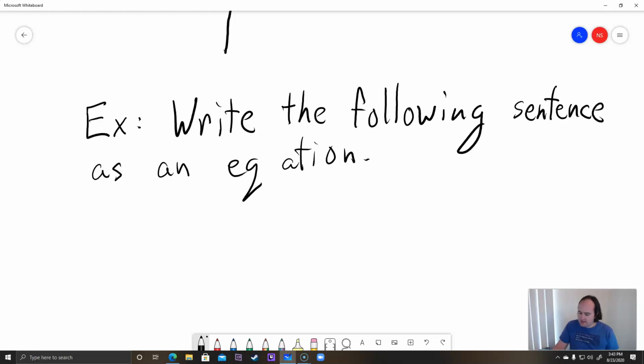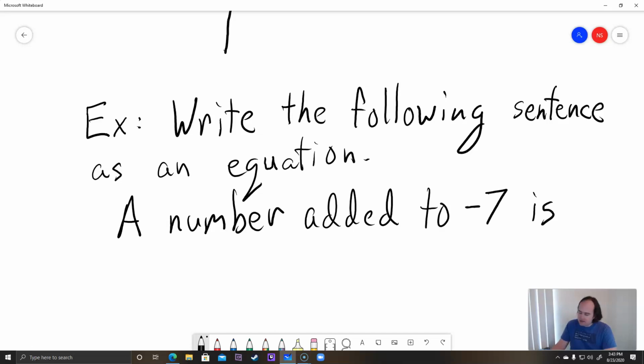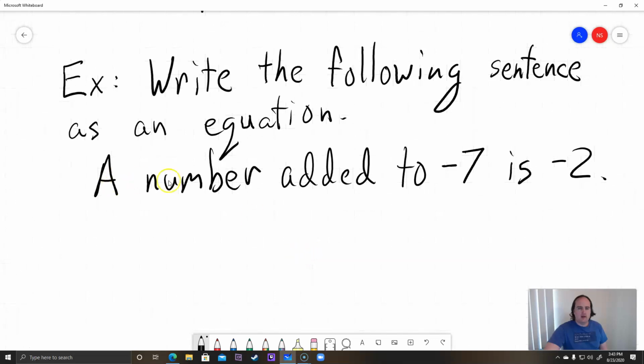And the sentence that they're giving us here says, a number added to -7 is -2. So that's the English that they're giving us there. A number added to -7 is -2. And this is going to be example number 1 that I'm doing here.